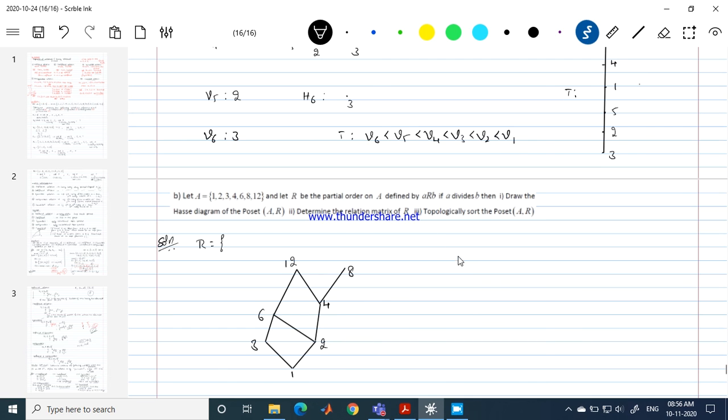Now please write the matrix for this. The question is not to write the diagram, only the matrix is enough for this problem. So 1, 2, 3, 4, 6, 8, 12.